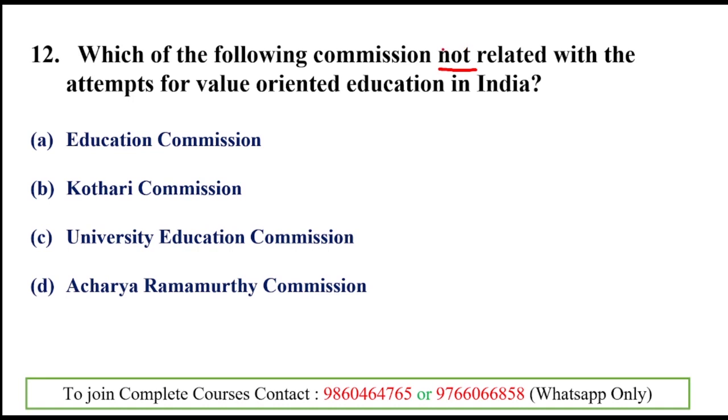One is the commissions related with values in education, and the other is the one not related with values in education. The Education Commission that related with the orientation, and also Kothari Commission and University Education Commission, these three are related with the value orientation in the education system, but Acharya Ramamurthy Committee is not related with this purpose. It is an evaluation committee. Clear?